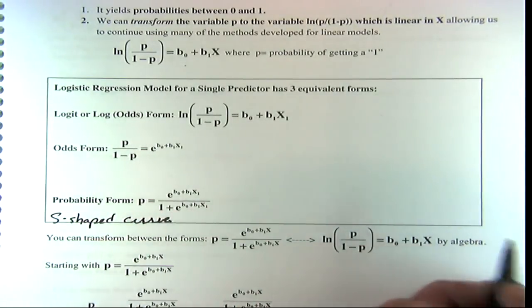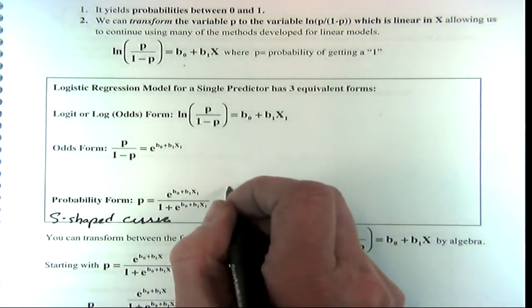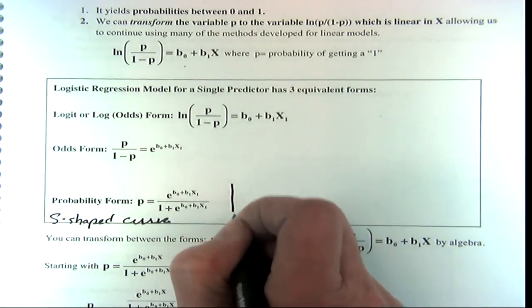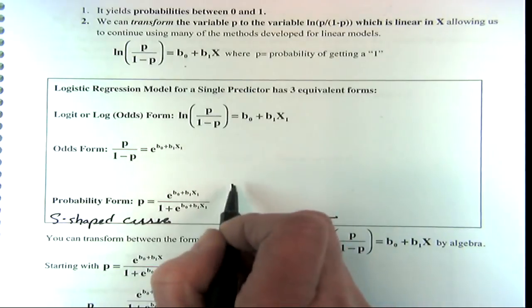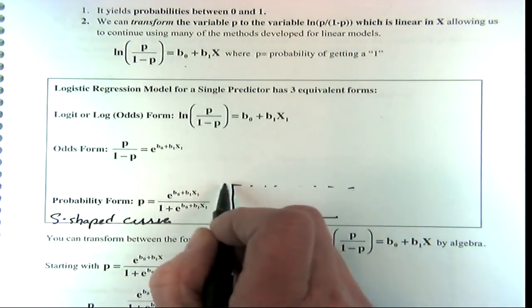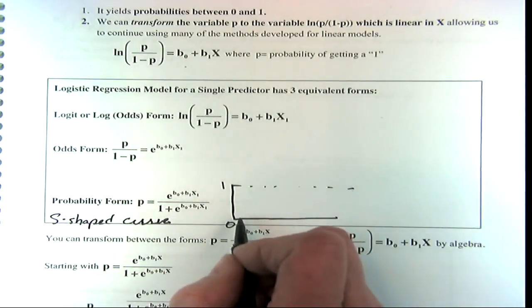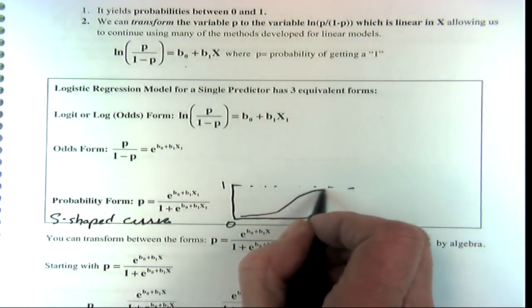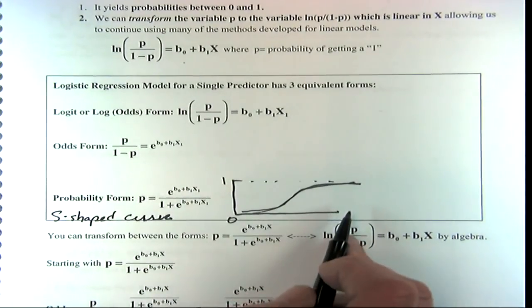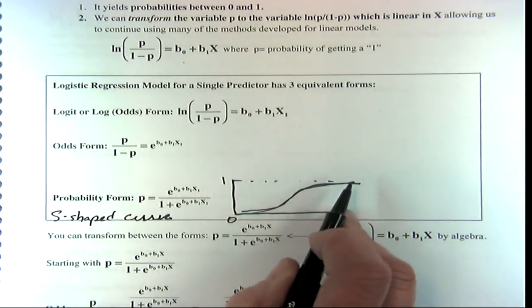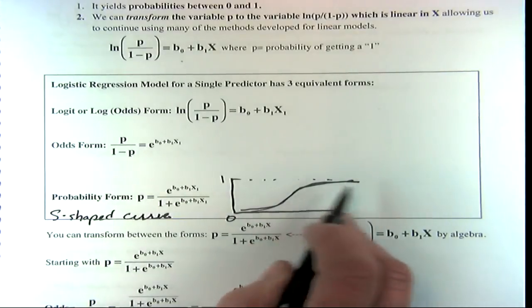And that, as we saw, is bounded between, the y-axis is bounded between what? 0 and 1. And it looks like something like that. Of course, that means as x gets bigger, the probability of success gets bigger.